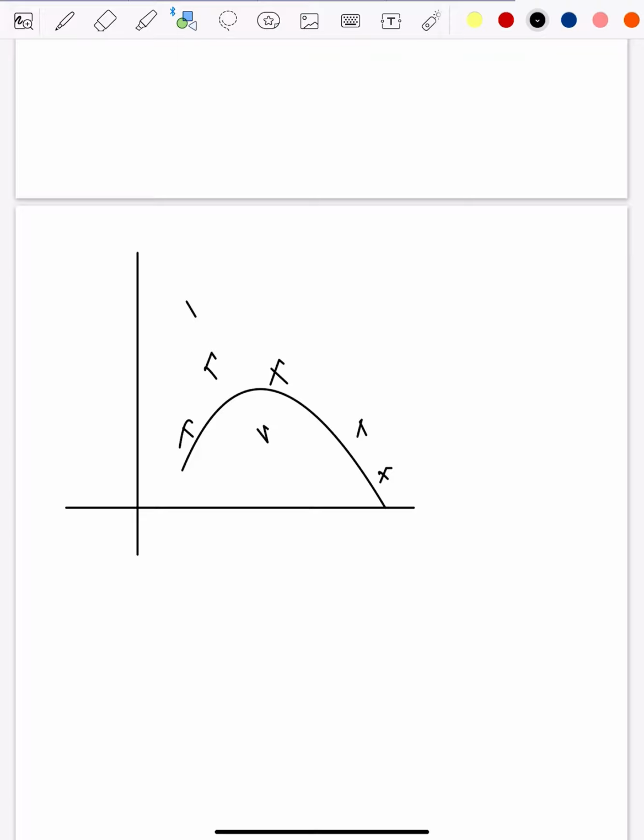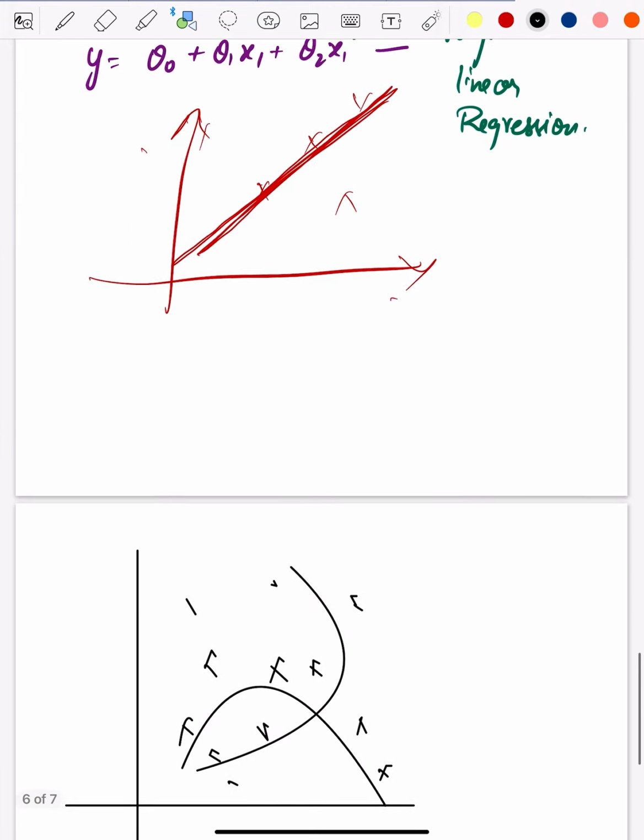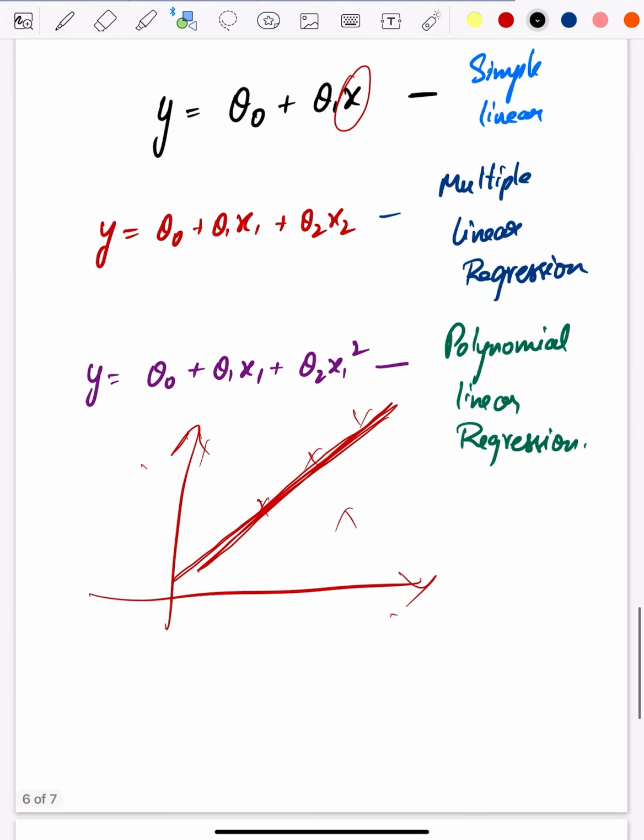There might be a curved relationship like this, something like that. So you need a curve instead of a straight line. To address those things, polynomial linear regression comes into the concept. Basically the same thing, but instead of power 1, you'll get power 2. That's it. The same thing.